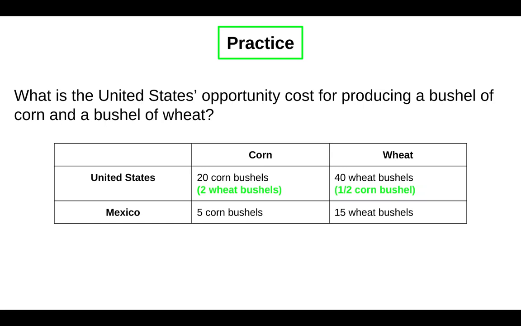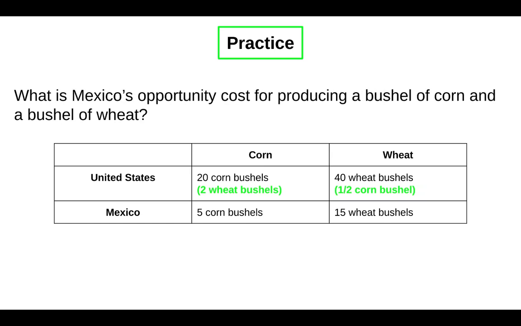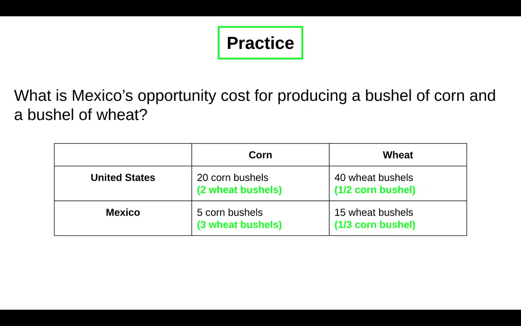So, to see if you get it, try it with Mexico. What is Mexico's opportunity cost for producing a bushel of corn and a bushel of wheat? Pause it and then see what you get. All right, the correct answer here is going to be 3 wheat bushels from Mexico and then 1/3 of a corn bushel. Why?